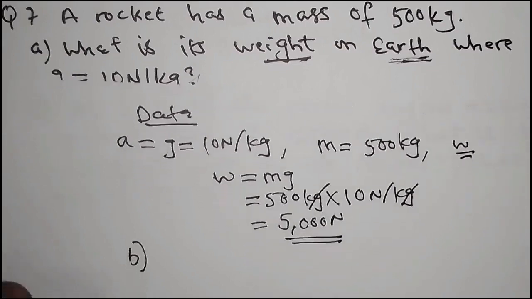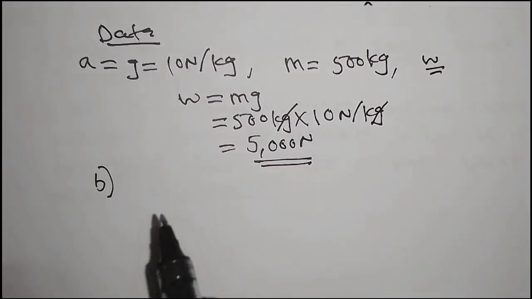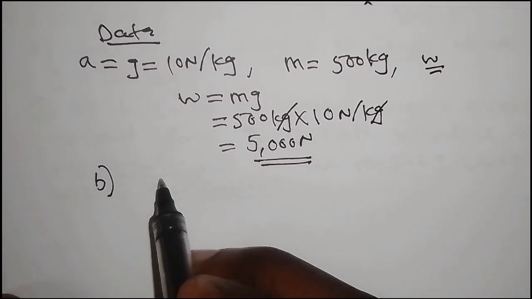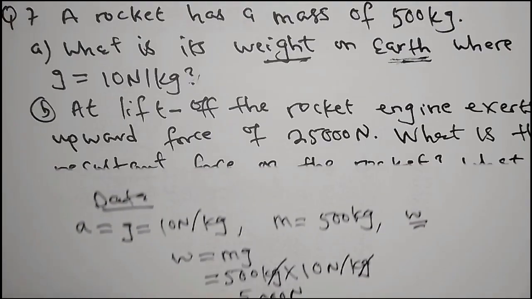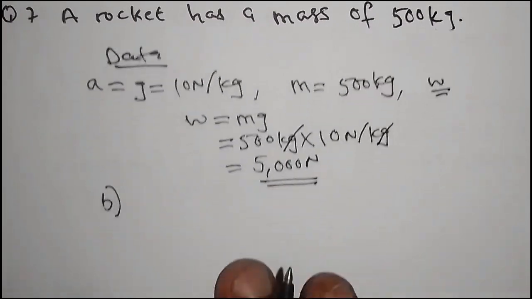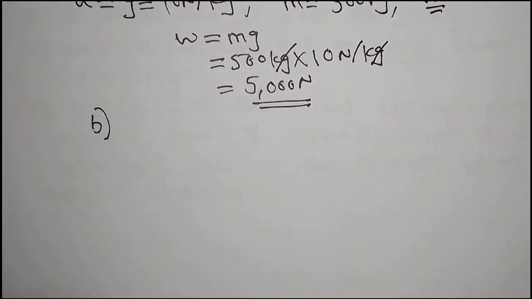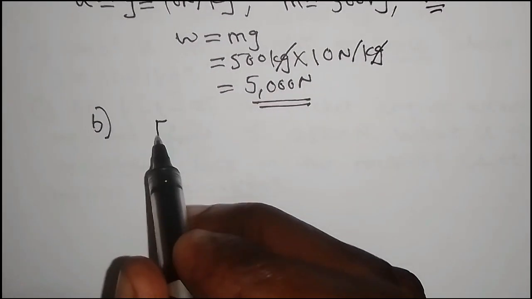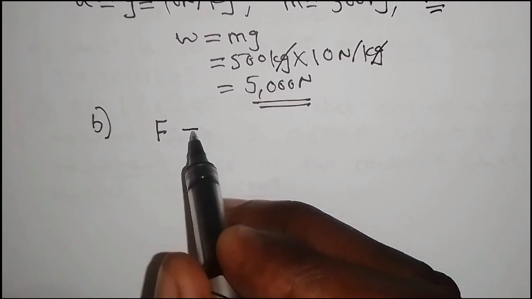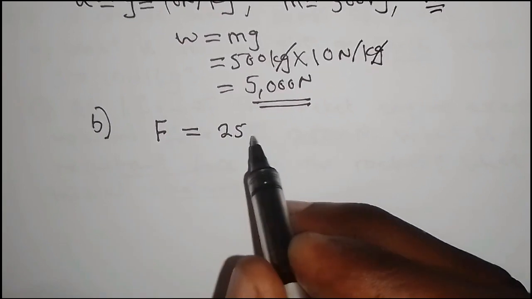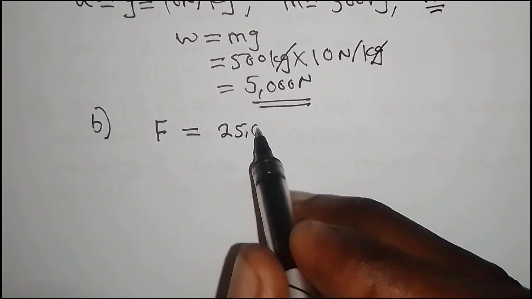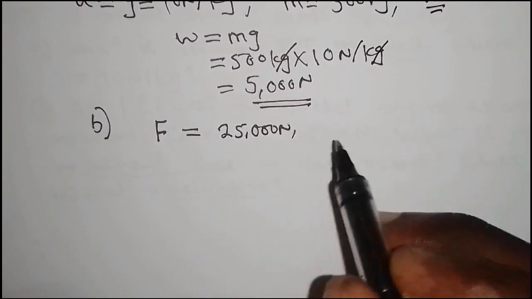We have been told that this rocket has got the force at lift off. This is Newton's third law. So the force at lift off is 25,000 Newton.